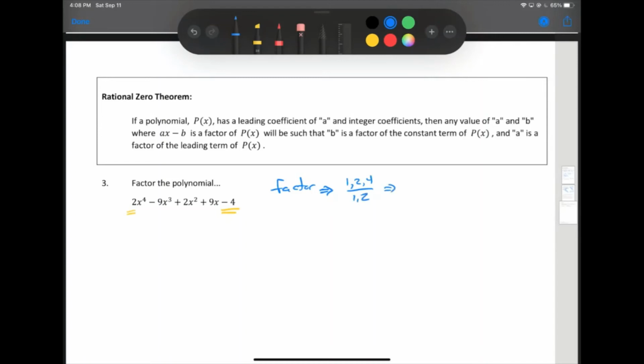So all the possible fractions that gives me would be 1 over 1, 1 over 2, 2 over 1, 2 over 2, which is already there, it's 1, 4 over 1, or 4 over 2, which again, 4 over 2 is 2, it's already on our list. And these are all plus minus. So we only actually have to look at 8 different factors in order to get this.